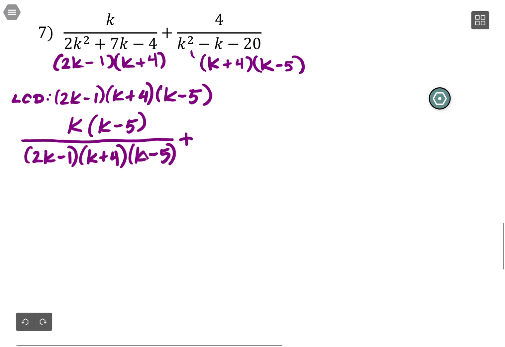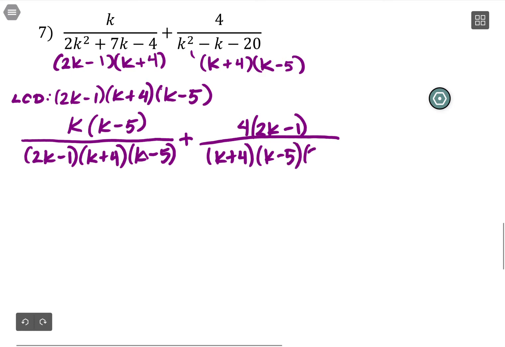And then we're going to multiply the second one by 2k minus 1. Let's see, k plus 4, k minus 5, 2k minus 1. Okay, and then we're adding, so we shouldn't have any weird trouble with distributing negative signs.